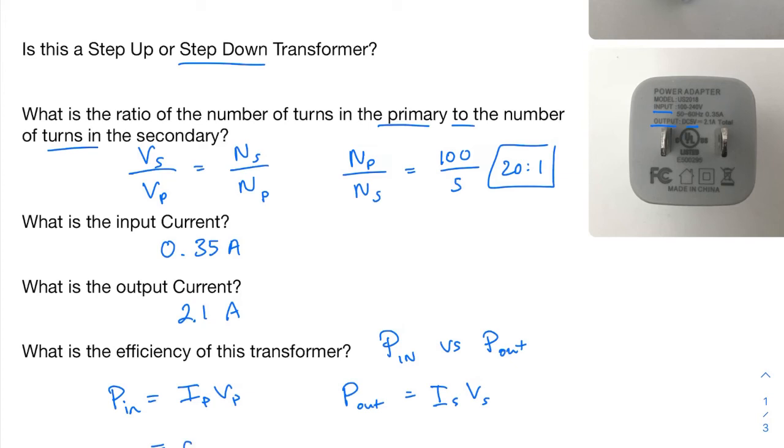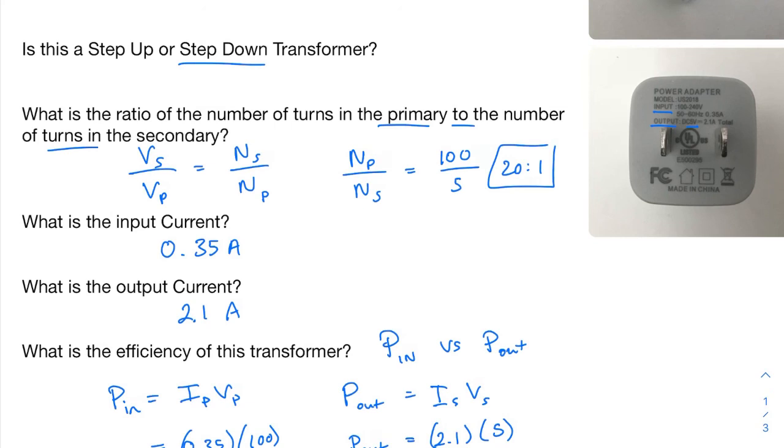So I primary, we said, was 0.35. V primary, we said, is approximately 100. So my power in is approximately 35 watts. And then my power out is my I secondary, so 2.1 times my output voltage of 5. So my power out is 10.5 watts.